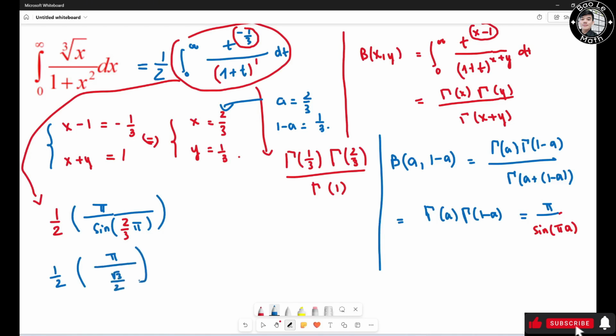To simplify, I multiply the top and bottom by 2, so this turns out to be 1/2 times 2 pi over root 3. Then I simplify, so the final answer must be pi over root 3.